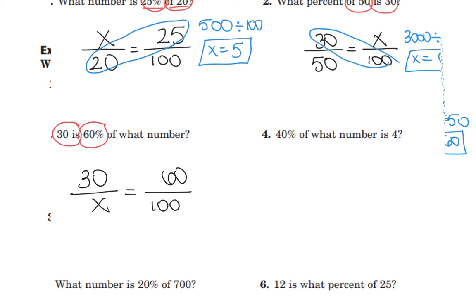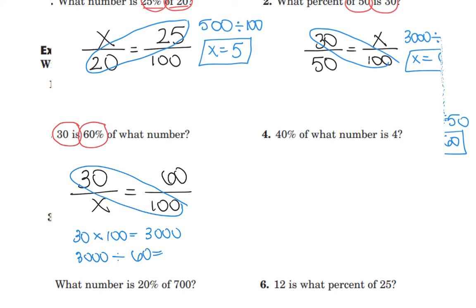So what we're missing is the whole. So we can cross multiply this way. So 30 times 100, which equals 3,000. And then 3,000 divided by the leftover number, which is 60, is going to give us X. So that equals 50. So X equals 50.